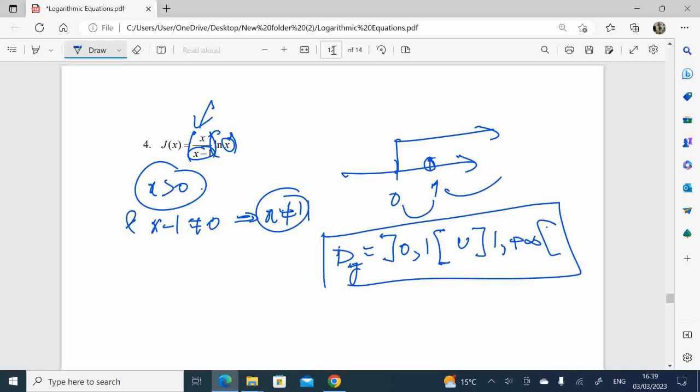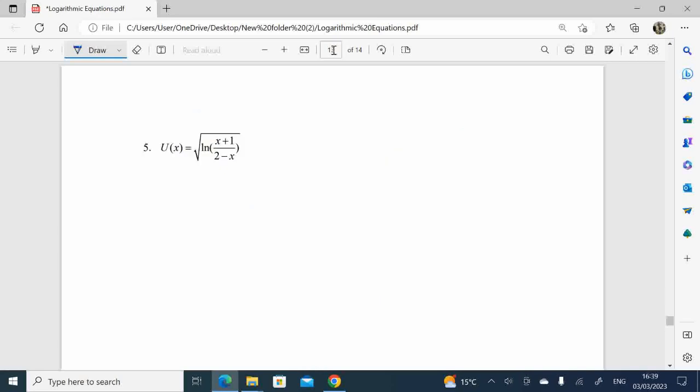Let's go for our last function, which is u of x, which is the radical of ln of (x plus 1) over (2 minus x). For this function to be defined, it is composed of the radical and the logarithm inside the radical. So we have two conditions. The first condition is for our ln to be defined.